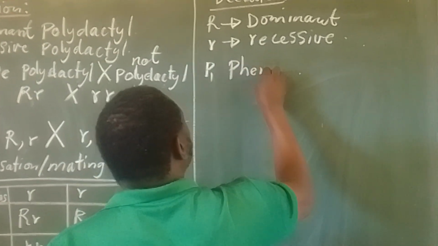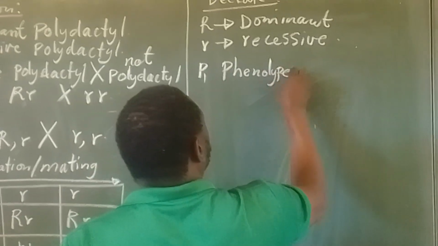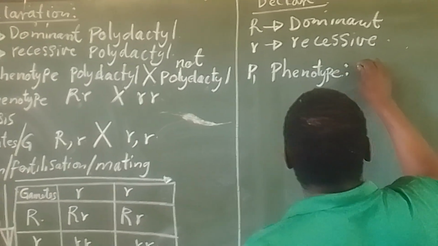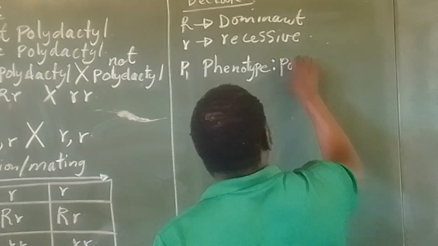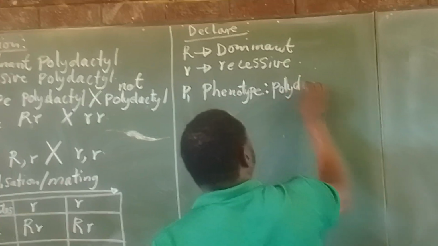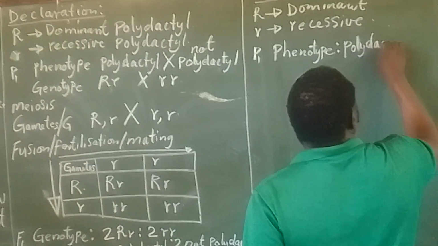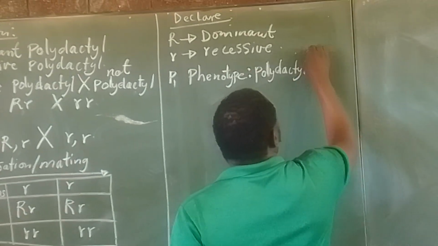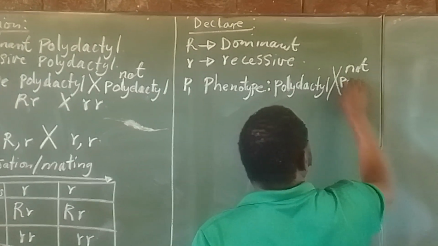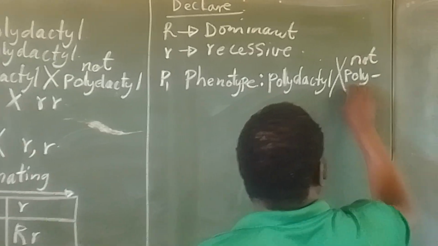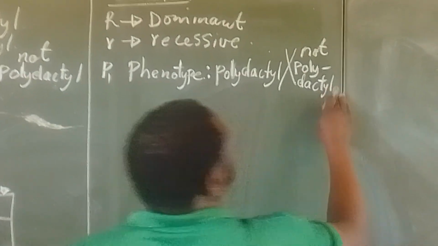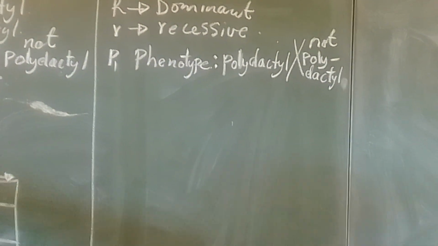The phenotype. My phenotype tells us that we have a polydactyl crosses with not polydactyl. Right? Then followed by what?